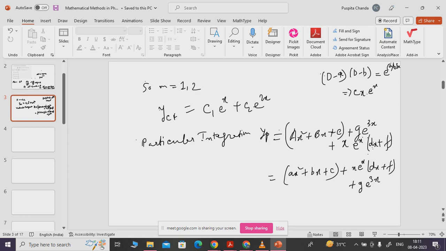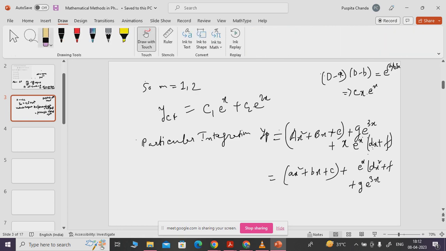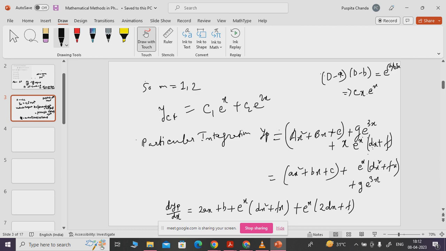If this is yp, yp satisfies the equation, so we need to know dyp/dx, which will be 2ax plus b plus 0, plus e to the power x (dx square plus fx) plus e to the power x (2dx plus f), plus 3g e to the power 3x.